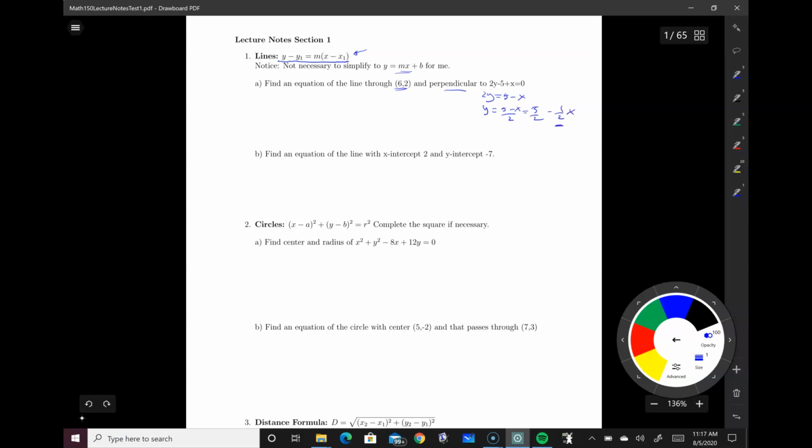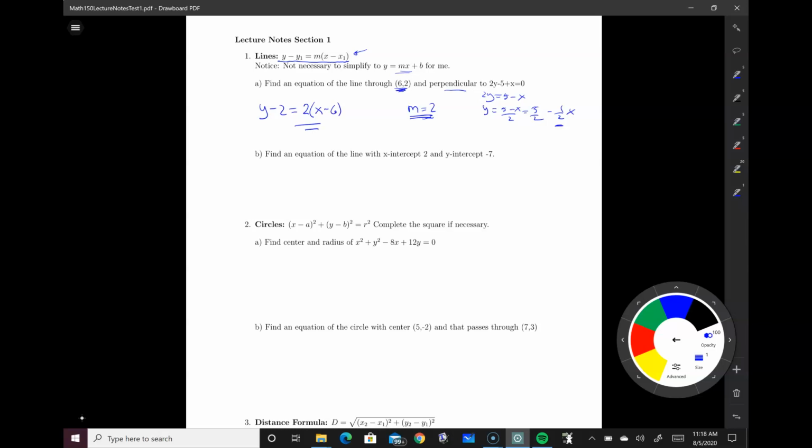So the slope of this line is negative 1/2, and you know that perpendicular slope means negative reciprocal, so that'll give me a slope of 2. So slope of 2 and a point, this is going to happen a great deal. You're going to have a slope and a point, put the equation of a line together. So it's y minus 2 equals 2 times x minus 6, and that's a fine answer right there.